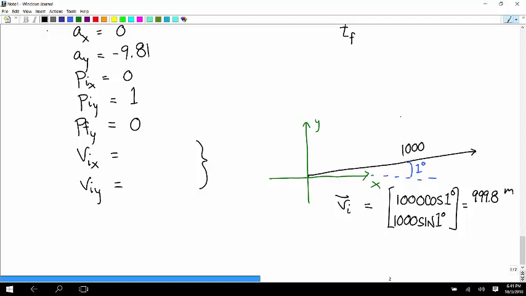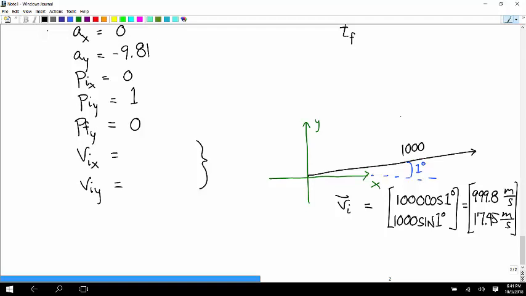999.8 meters per second. So you can see how close that is to 1,000. Almost all of that velocity is in the x component. It's almost completely horizontal. Okay, sorry, and then the y one? 17.45 meters per second. Okay, and so using sine and cosine, you get these values. And this one's almost 1,000, right?